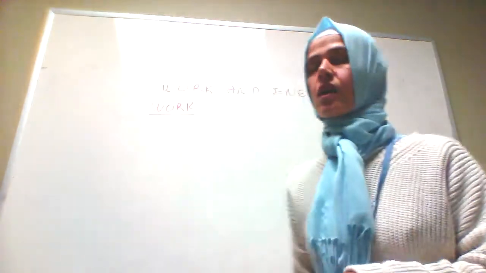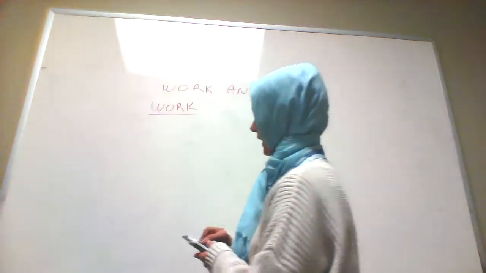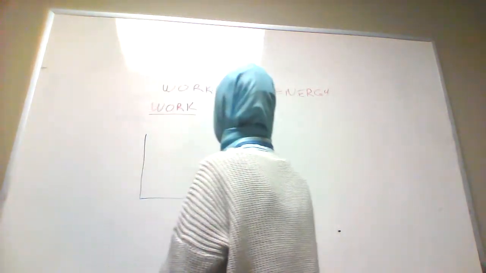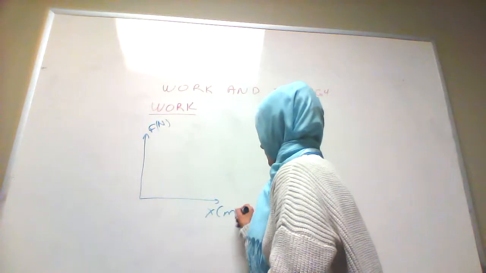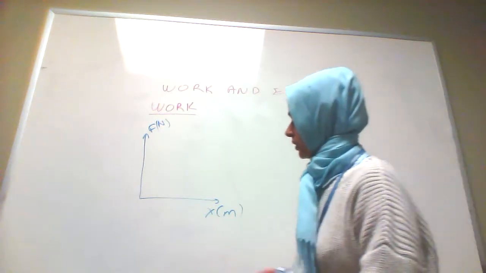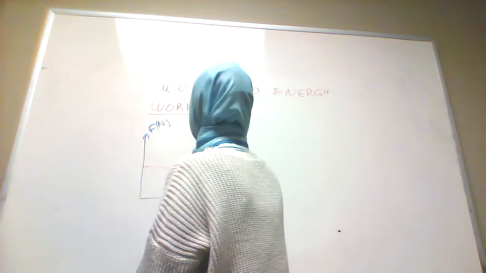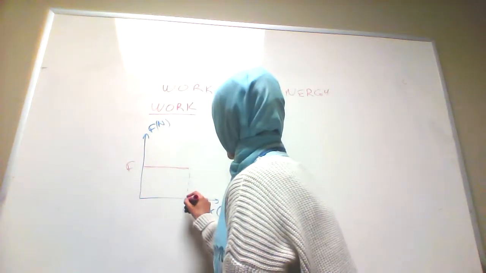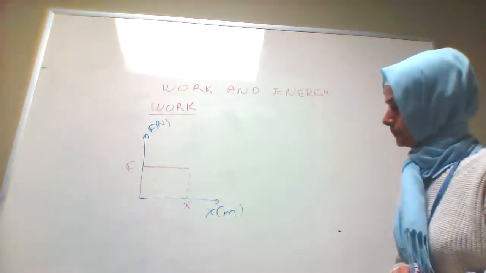And if I draw a force versus displacement graph, let's say I have a constant force in Newtons, and it displaces the object a distance in meters, and the force is constant throughout the motion. Like this, I have F, moving the object a distance X here.